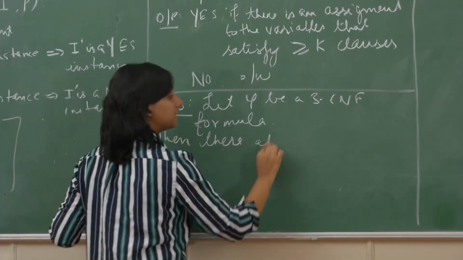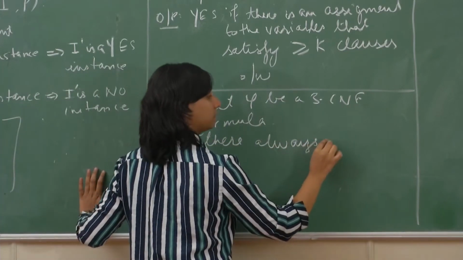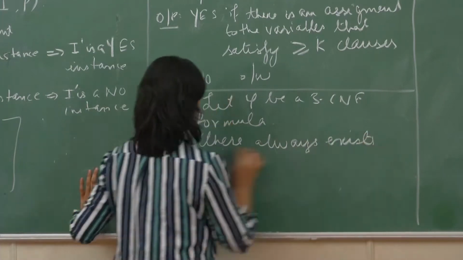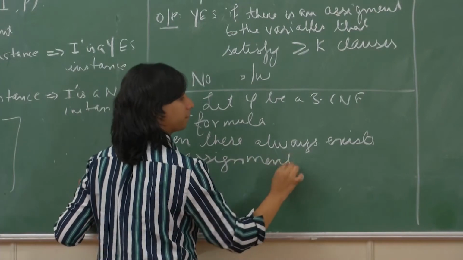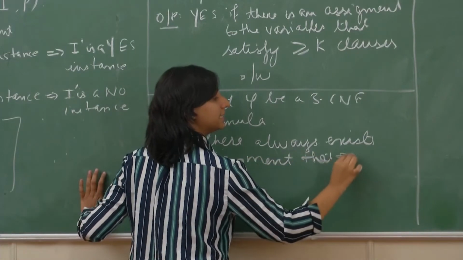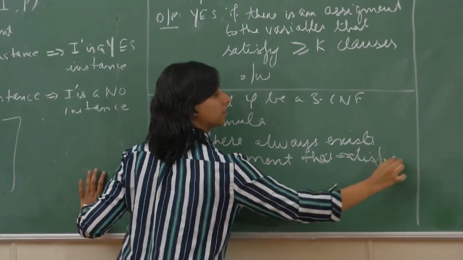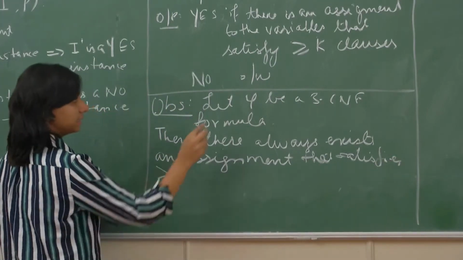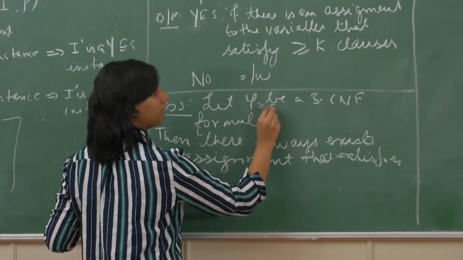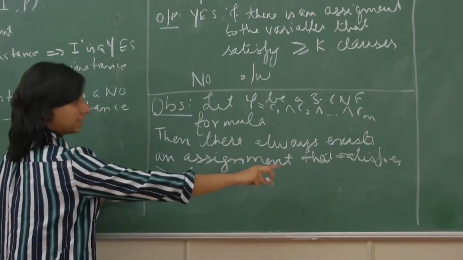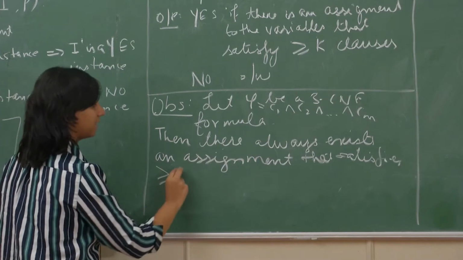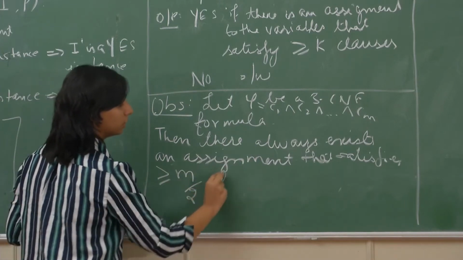Then there always exists an assignment that satisfies at least, so suppose it's a formula on M clauses, then there is always an assignment that satisfies at least half, so at least M/2 clauses.